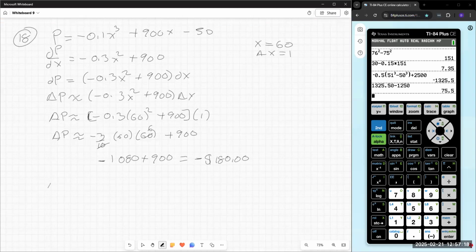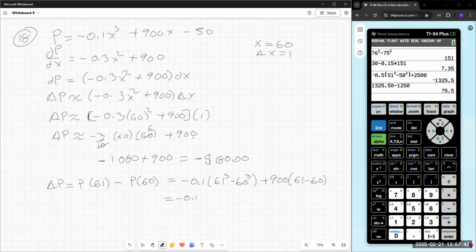My delta P is exactly equal to P of 61 minus P of 60. It's equal to negative 0.1 times (61 cubed minus 60 cubed) plus 900 times (61 minus 60). The constant will go away.